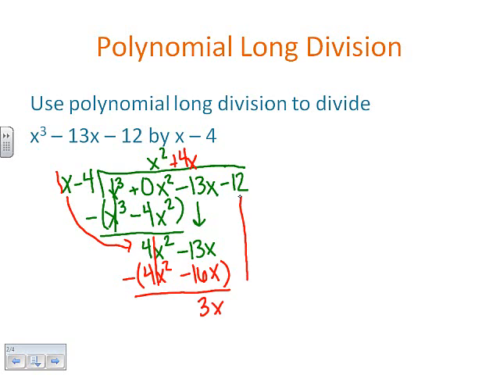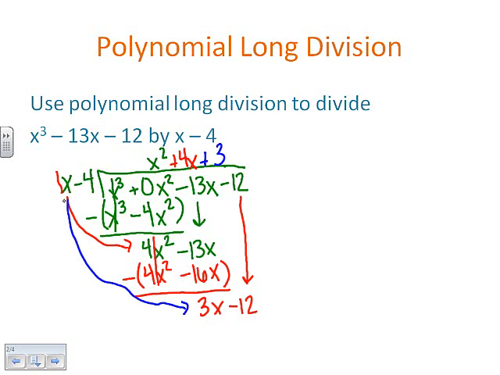Then bring down our final term of negative 12. So then our last step is to find how many times x will go into 3x. We already have the x there, we just need the plus 3.